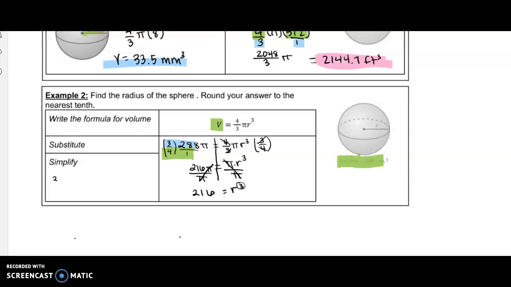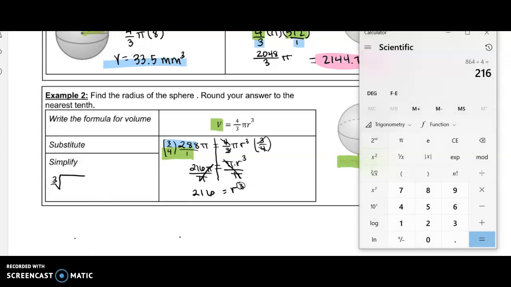So it looks like 3 and then the square root sign. So to find this on the calculator, we have to hit the second button, and it gives us all new functions on our calculator. And so now we see the cube root right here. So it has the 3 with the little square root.